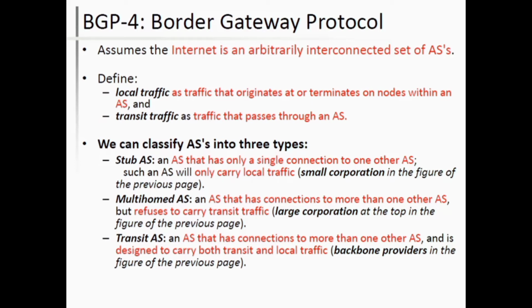The first one, stub AS. A stub autonomous system is an autonomous system that has only a single connection to one other AS. Such an AS will only carry local traffic.